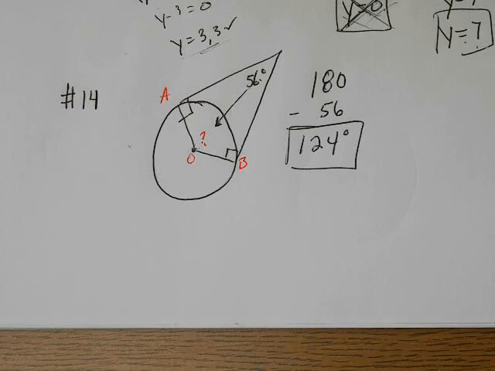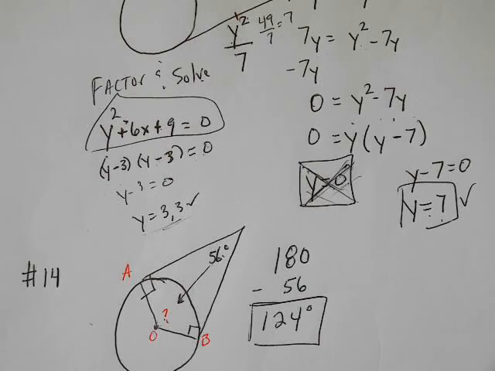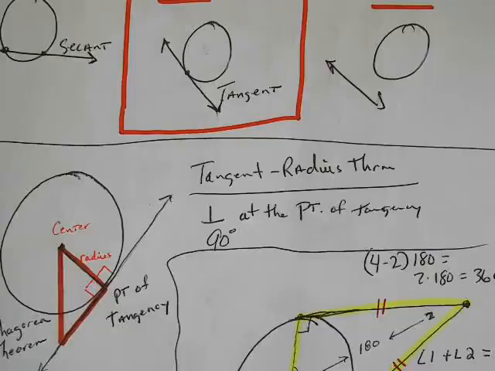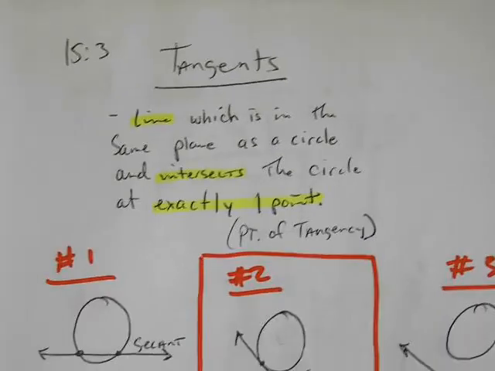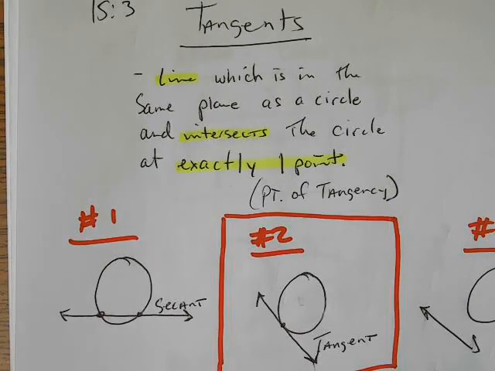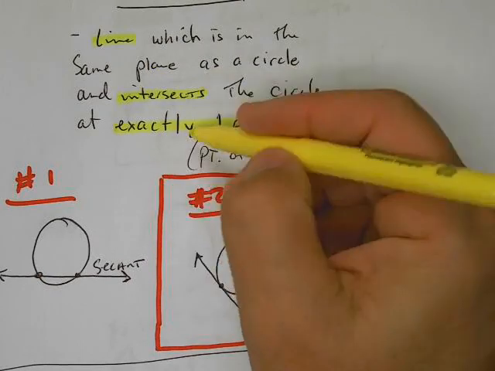Questions? Okay. Before I give you the assignment, let's review. Back to our tangent definition. It's a line which is in the same plane as a circle and intersects the circle at exactly 1 point. So I've highlighted the key parts: a line, intersection, exactly 1 point.